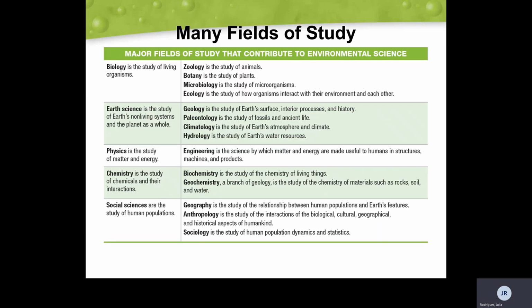Embodied in that, the major fields of study that we're going to see are biology, earth sciences, physics, chemistry, and social sciences as well. We can look through all of these. It really shows you how much environmental science combines different sciences in its field. Feel free to pause the video and read through these, just to get a better understanding of how much environmental science really affects different things.